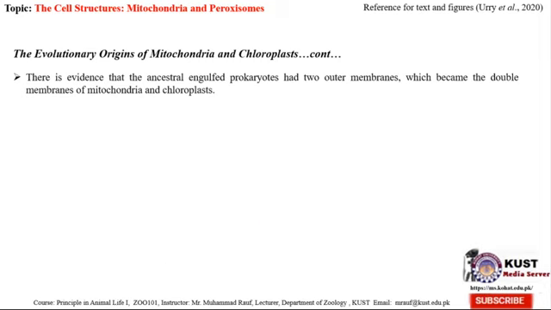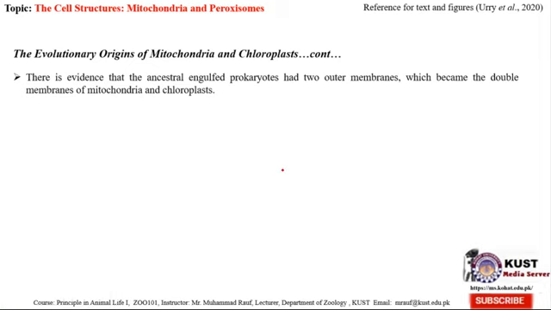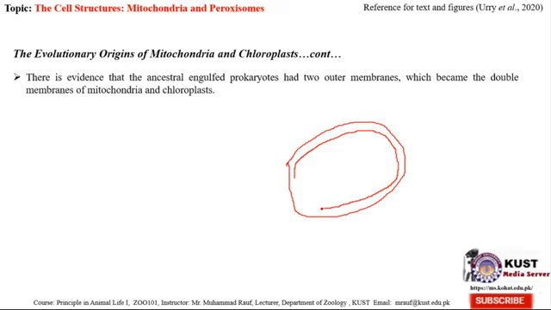So let me explain it with the help of a drawing. Suppose this was the ancestral cell and it was a double membrane ancestral eukaryotic cell. Now here the first structure, the oxygen using non-photosynthetic prokaryote, which later on became mitochondria.